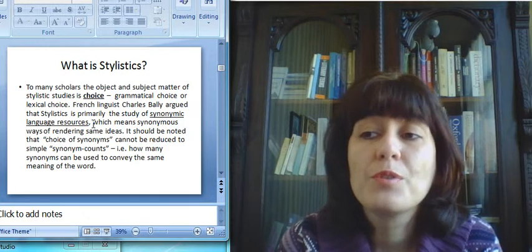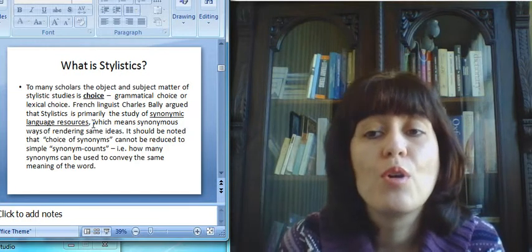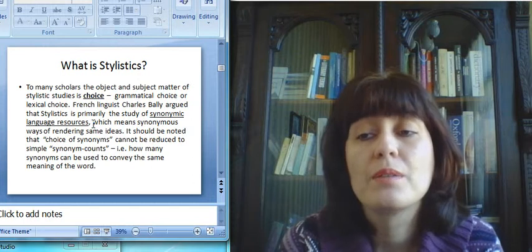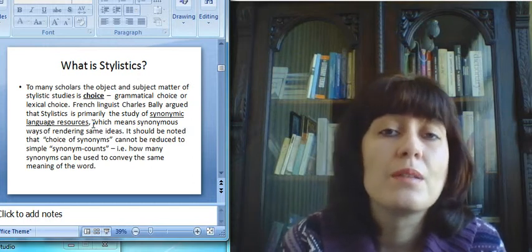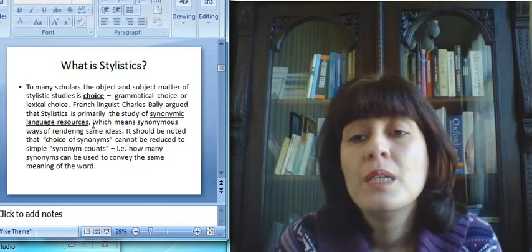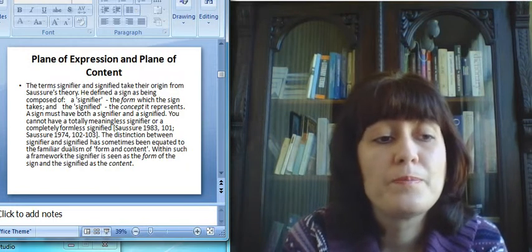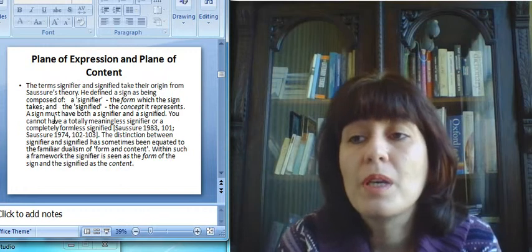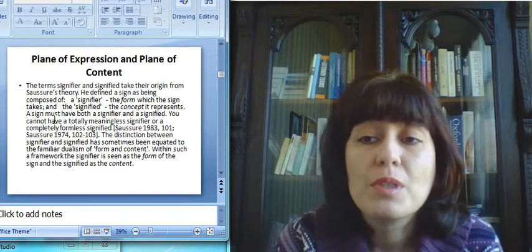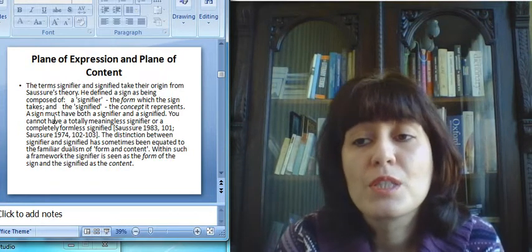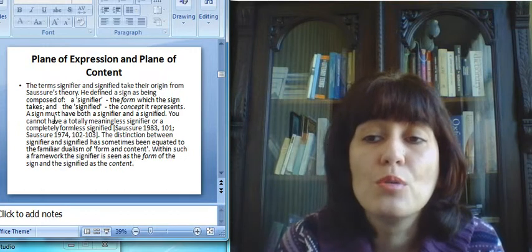So stylistics requires understanding a fundamental division between what is communicated through language and how this is communicated. Aristotle phrased this as a difference between logos, the logical content of a speech, and lexis, the style and delivery of a speech.